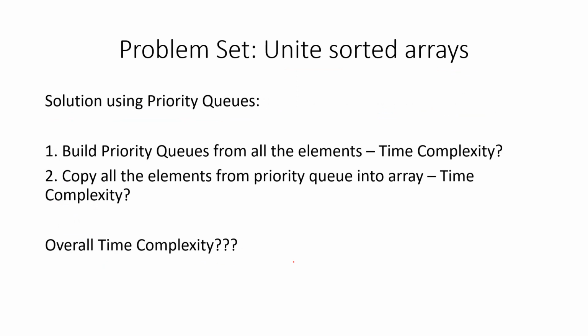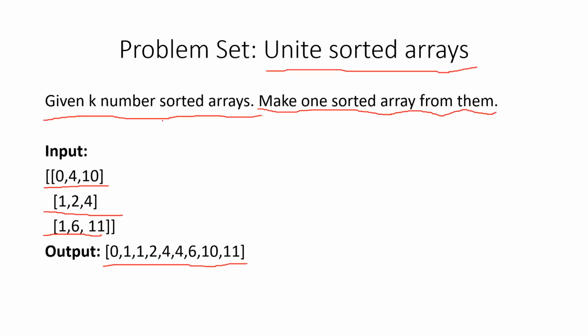So here is the approach with using the priority queue. If you remember, we can build the priority queue, or we can use a binary heap. We can build the binary heap from each of the arrays. So we create one binary heap. Actually, we need a min heap.